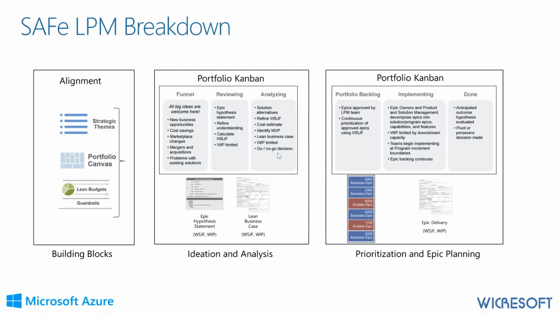So this is selection. When we get to the portfolio backlog is really where we're going to do the prioritization. Not that we can't do it in analyzing, but it's primarily going to be done in the backlog, because this is where we have our points estimate for our MVPs, and we, together with other criteria, by the way, it's not the only way of determining prioritization, but we're going to use here our MVP points and a score that we're going to derive from WSJF, which is weighted shortest job first.